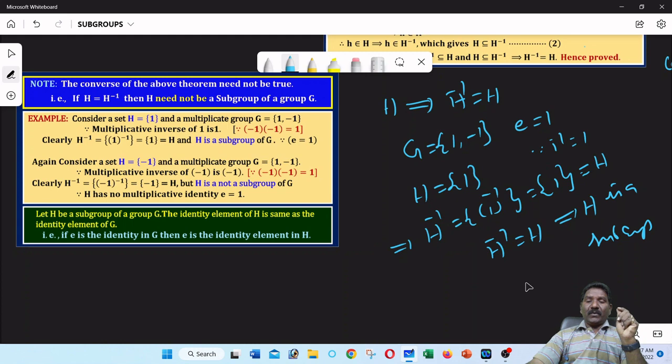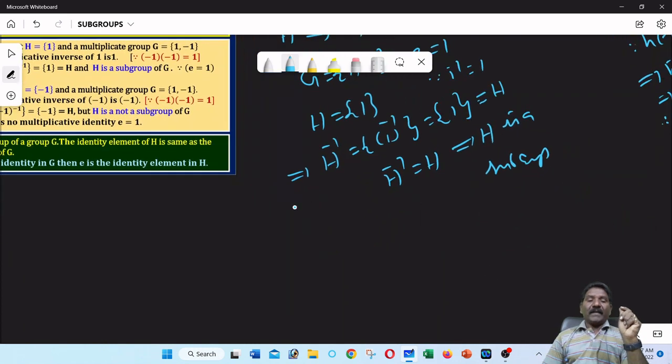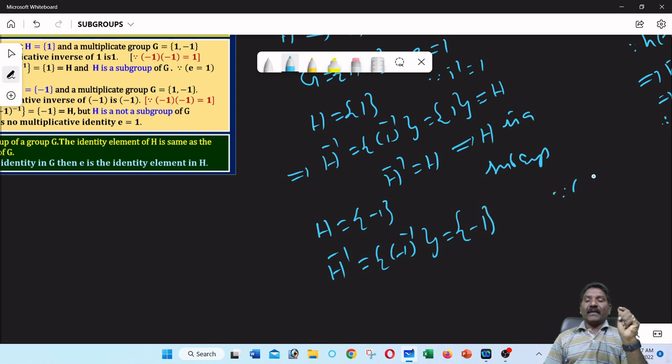Next, example 2. Consider a set H is equal to {-1}, a single element. So H inverse is equal to {-1} whole inverse, which is equal to the inverse of -1, which is -1, since -1 into -1 is equal to 1. So A dot B is equal to E gives B is equal to A inverse.